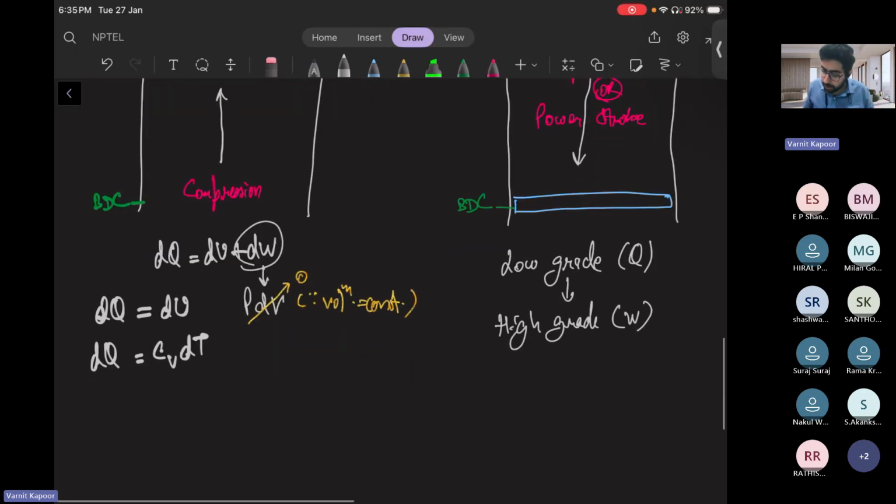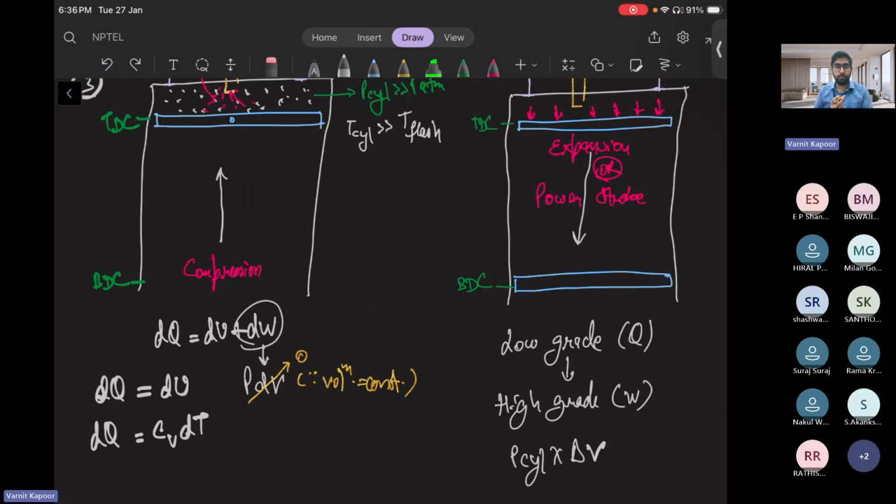And work is the pressure inside the cylinder, which can be around 70 or 75 bar, times the displacement, or change in volume. Work done is pressure into dV, that is PdV. Pressure in the cylinder and the change in the volume from top dead center to bottom dead center.